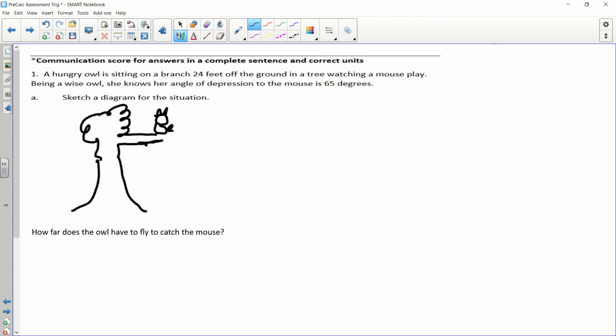Sitting on a branch that is 24 feet above the ground. It is watching a little mouse play. That is an amazing mouse.